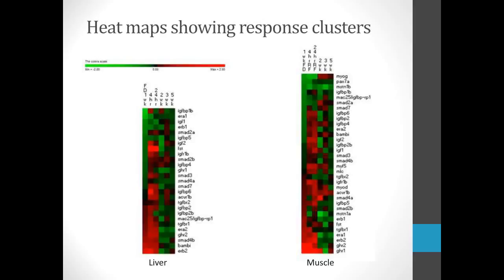So with all of these data, we have enough that we can start to produce some heat maps that cluster genes together by common response. These two heat maps are shown for liver and muscle, and the genes that are related to the growth multiplex, or that were included in the growth multiplex, that responded to treatments. The genes on the bottom exhibit largely a feed deprivation response that sustains into the short-term refeeding period.